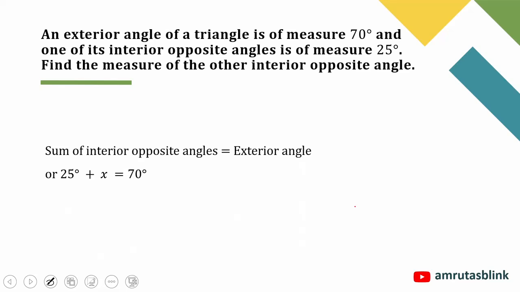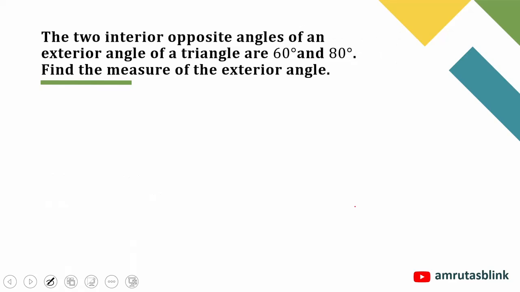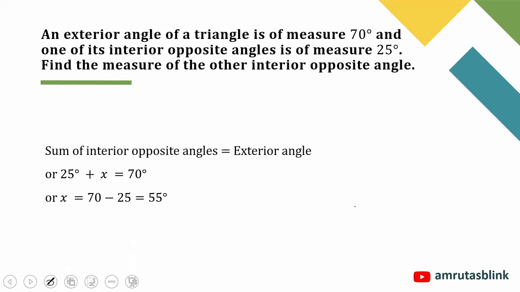The exterior angle is given as 70 degrees, hence we can create the equation 25 degrees plus x is equal to 70 degrees, hence x is equal to 70 minus 25, which is equal to 55 degrees, and hence the other interior angle is 55 degrees.